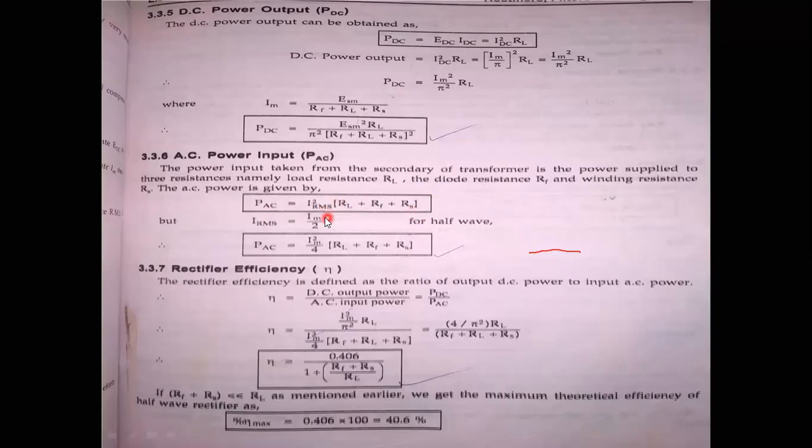See here, one thing you have to note. Here I am using IDC square into RL. Here I have to write IRMS square into RL only. But I am writing RL plus RF plus RS.